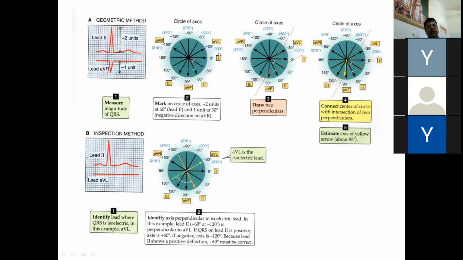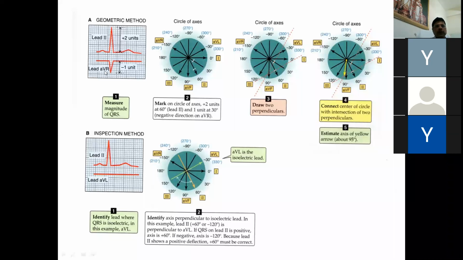Okay, repeat. So for calculating the electrical axis of the heart, we can use two methods. One is the geometric method, the other is the inspection. I'll tell you the geometric method first. In the geometric method, we take two leads. One is lead 2, another is lead AVR.